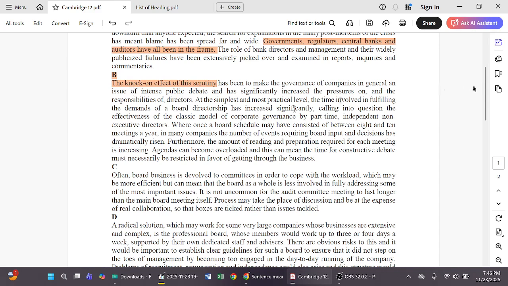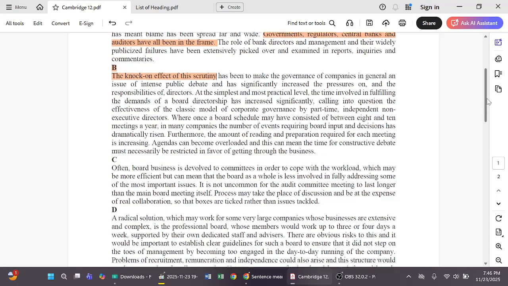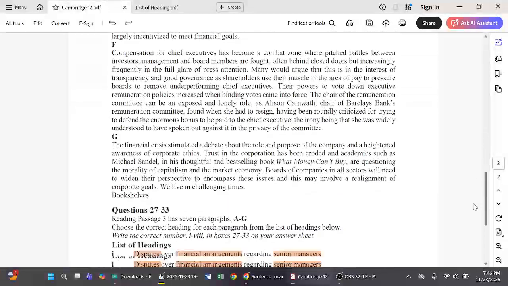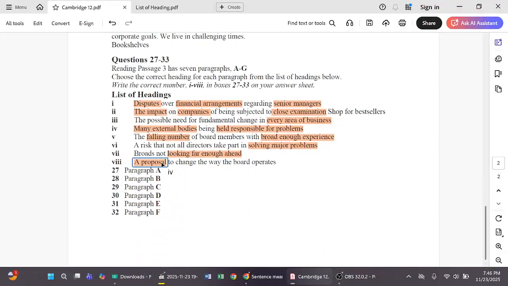So we can easily relate with this. Here we got the impact on companies of being subjected to close examination.